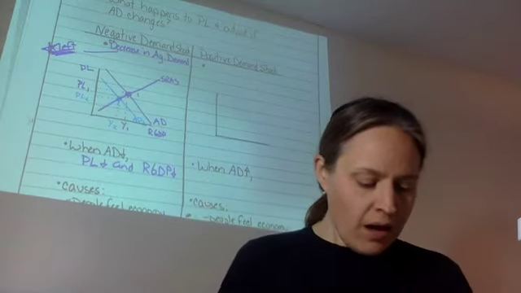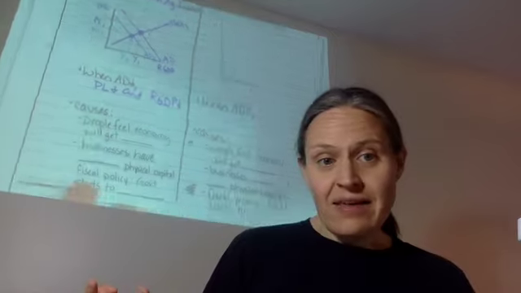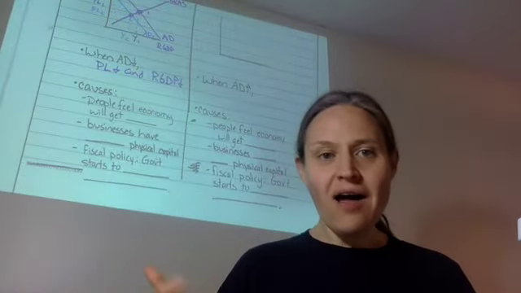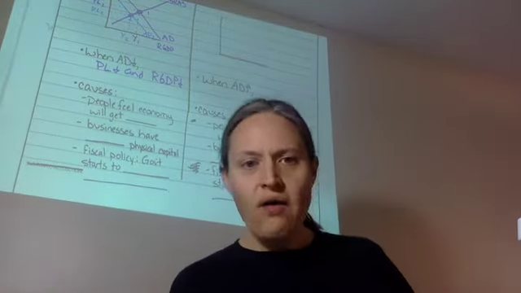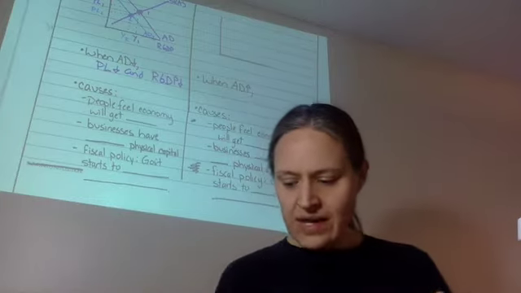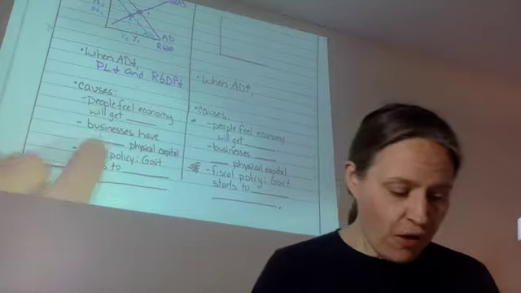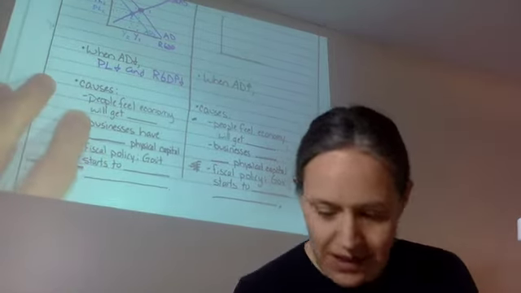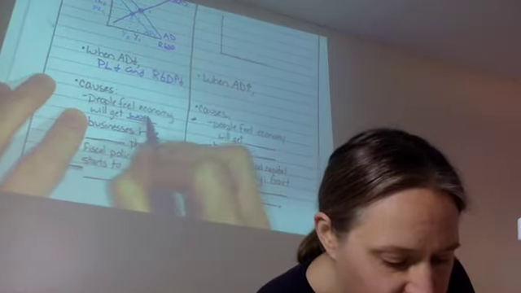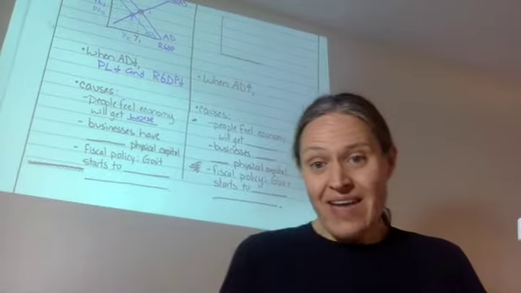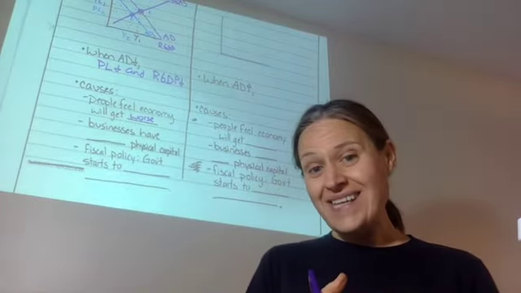So that's that, but here we have a little review of our causes, right? Like a review of what could cause the aggregate demand curve to decrease. So if people feel the economy will get worse pretty soon, that means that they're going to stop spending their money.